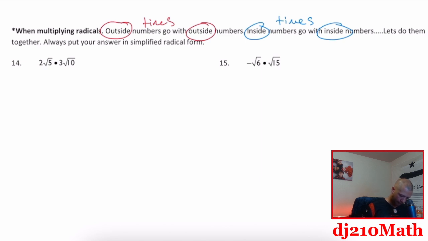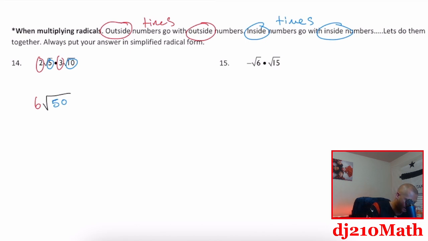Okay. So outside times outside, 2 times 3 is 6. Square root. Inside times inside, 5 times 10 is 50. There it is. 6 root 50.